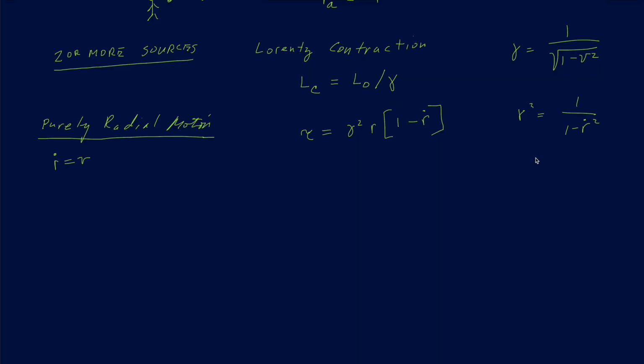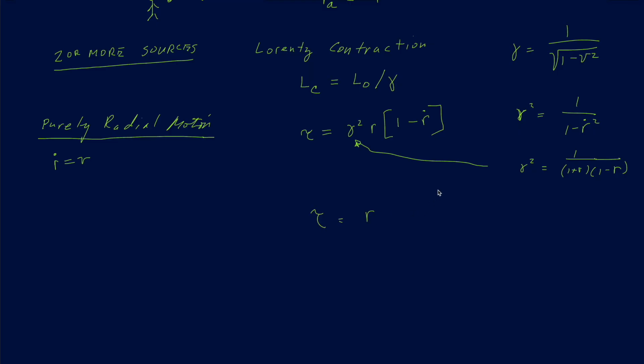And that in turn, this is gamma, not r, by the way, gamma squared equal to 1 over 1 plus r times 1 minus r.